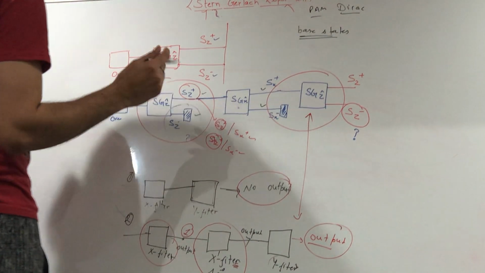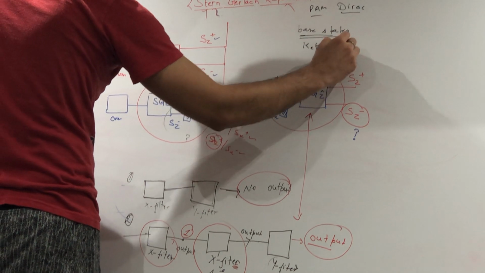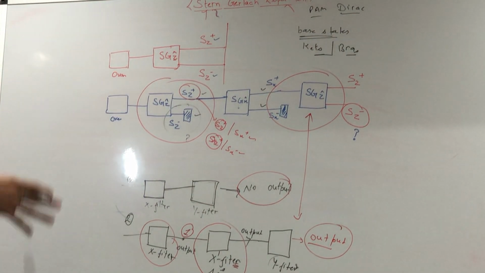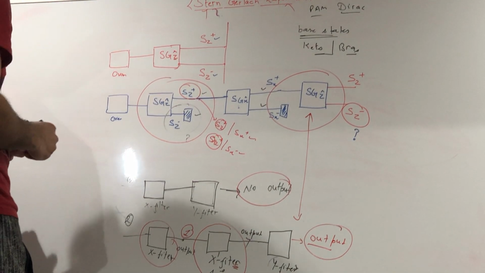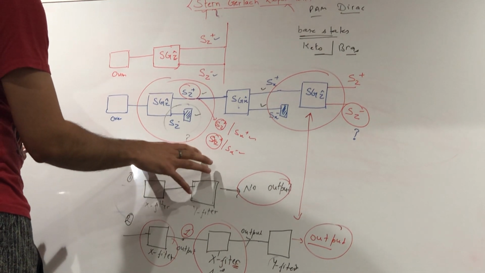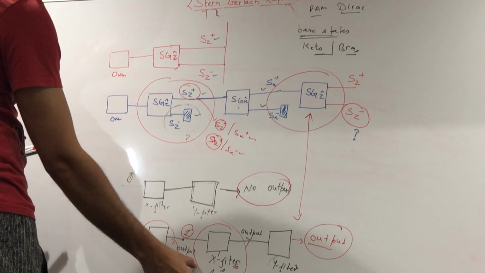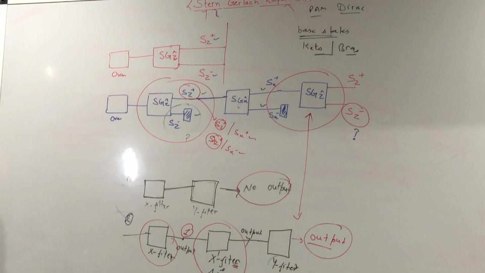Those base states are known as kets and bras. There is still a little more to go with the polarization of the states and of the electric field, or light. So this is how the Stern-Gerlach experiment can explain the quantization of the states. Thank you.